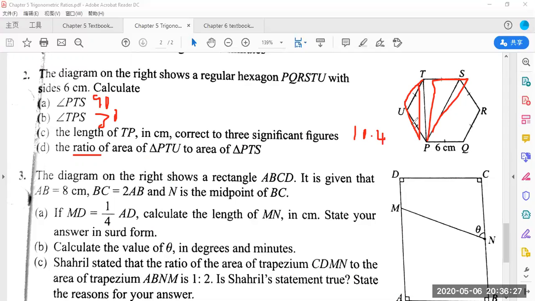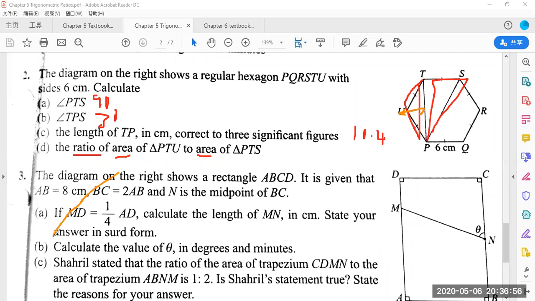You need to calculate the area, because they ask for area. Just now you got 10.4, TP is 10.4. So we need to find this one, how long.